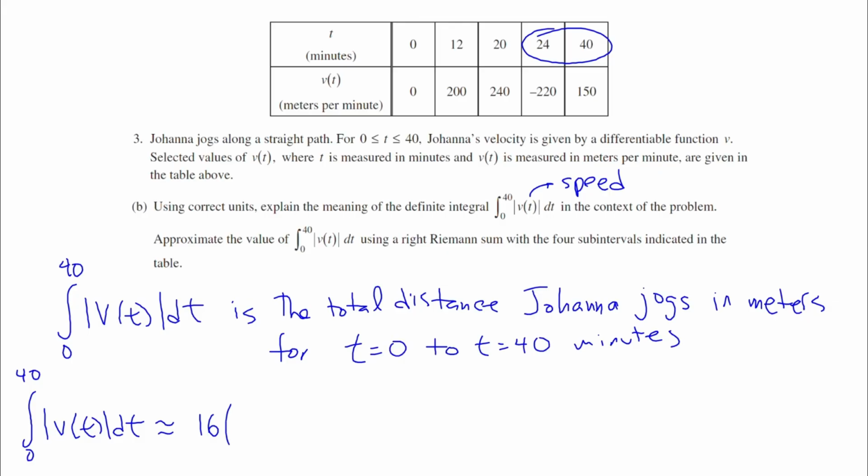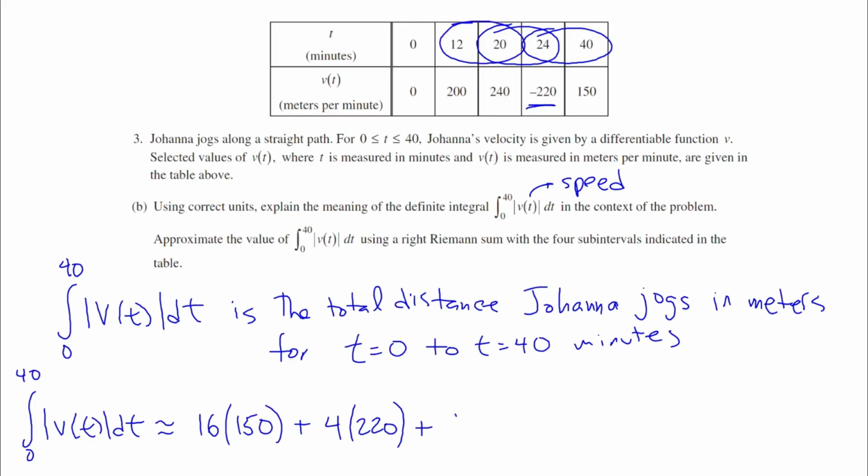Then we multiply that by the right-hand value of that interval, which is 150. And then we'll add 24 minus 20, which is 4. And then it's going to be the value at 24, except it's the absolute value of that. So that's going to be 220, not negative 220.